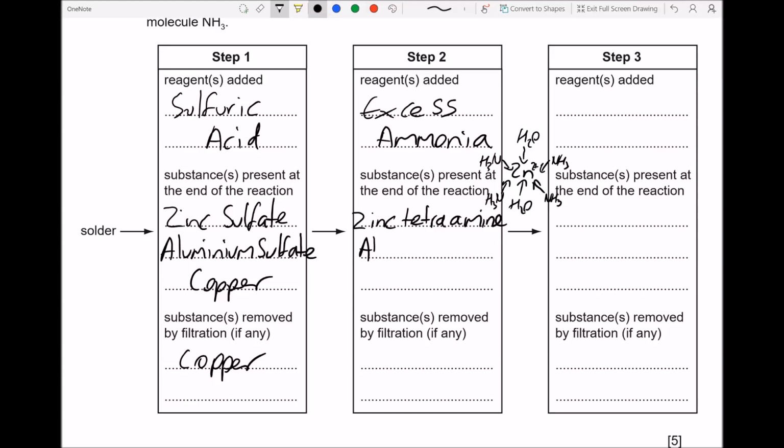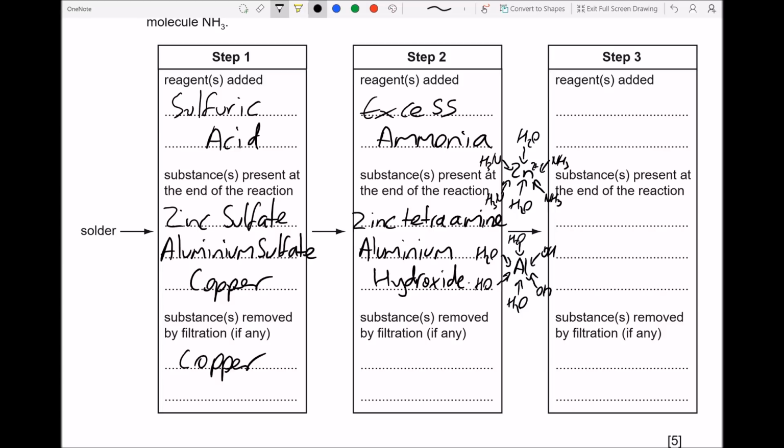So I'm just going to put here, what we form is aluminium hydroxide. Now, if we had to draw that as a complex, I'll just draw it here. Aluminium, it could be something like that: OH, water, and then another OH.